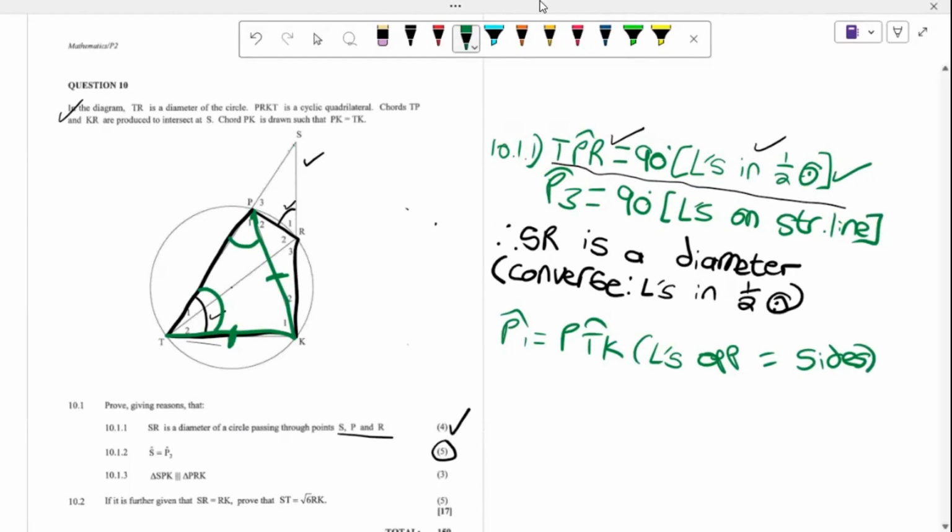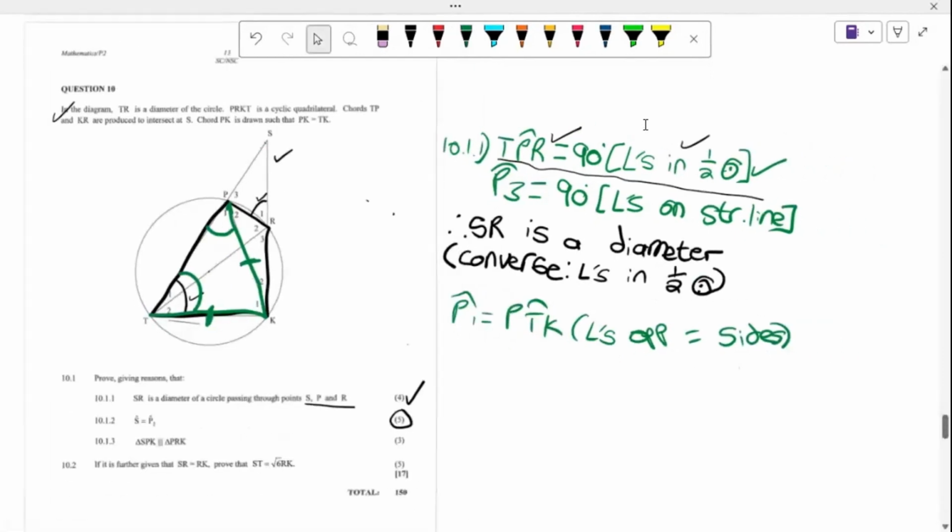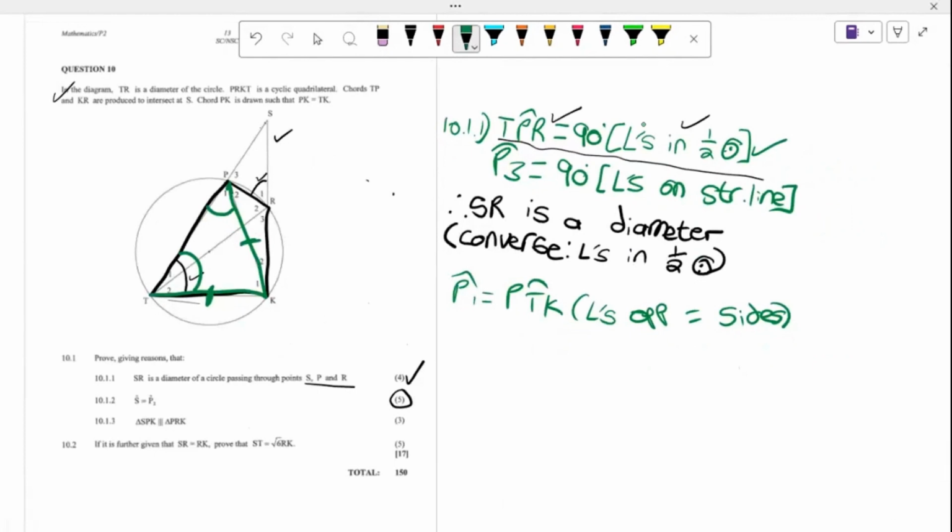But then I also know that my R1 is equal to the same angle PTK, and as you told us, it is an exterior angle of a cyclic quad.